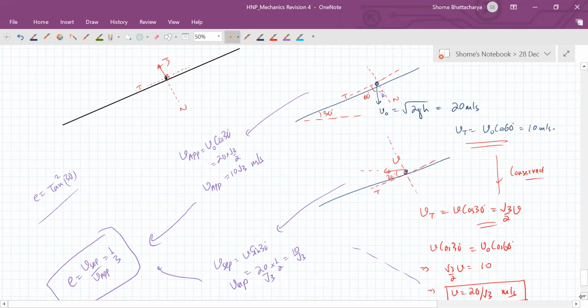So tangential component of momentum is conserved. That's one concept we are using, and the coefficient of restitution is the ratio of separation to approach velocity. That is the second concept we're using.